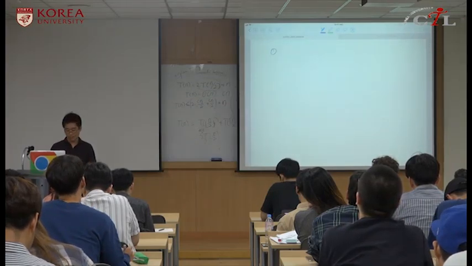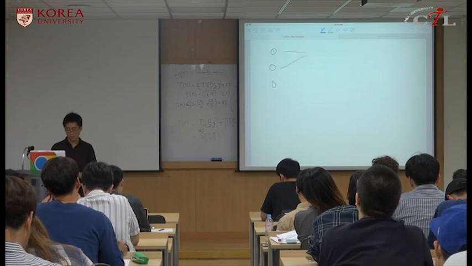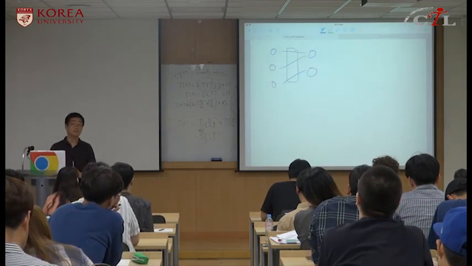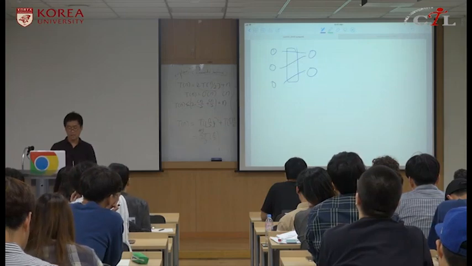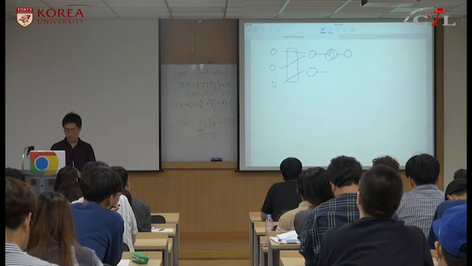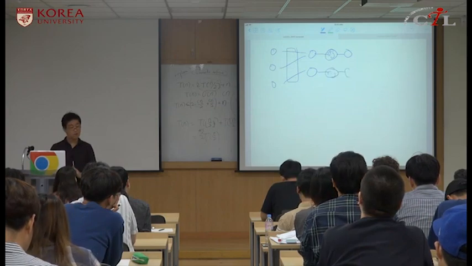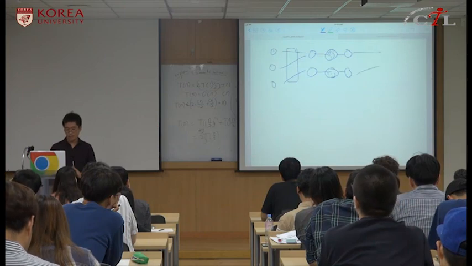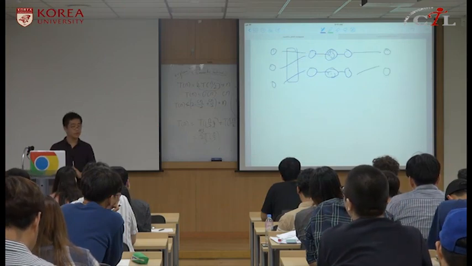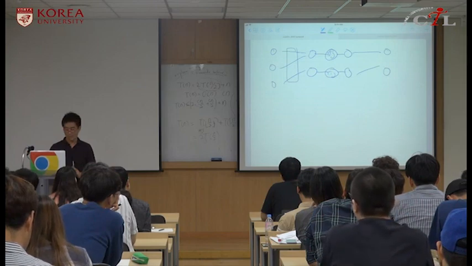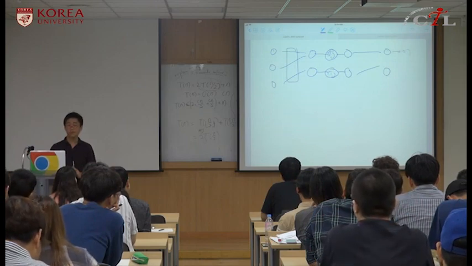So for example, suppose we have 2 nodes, and so far these are linear layers, and then we apply the sigmoid, right? And then we obtain the output over here, and this value will also go through another linear layer or fully connected layer, and then we also apply the sigmoid as well.